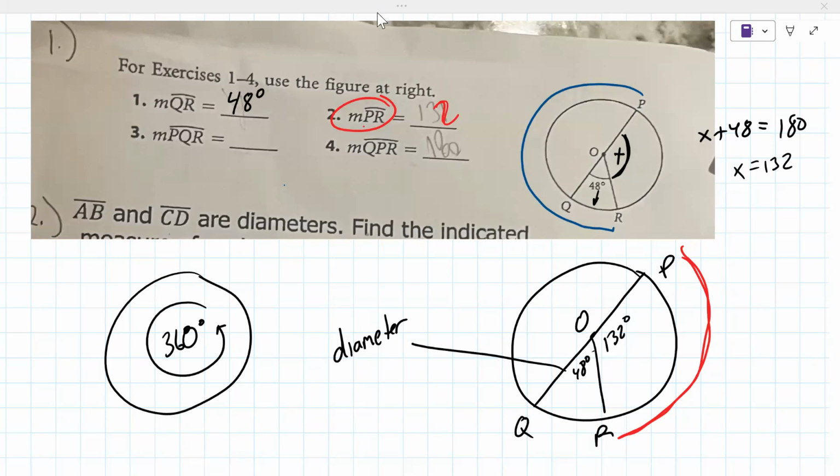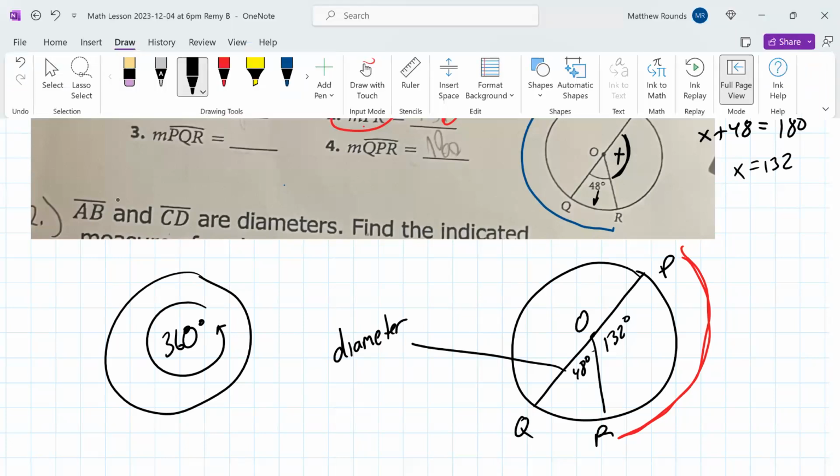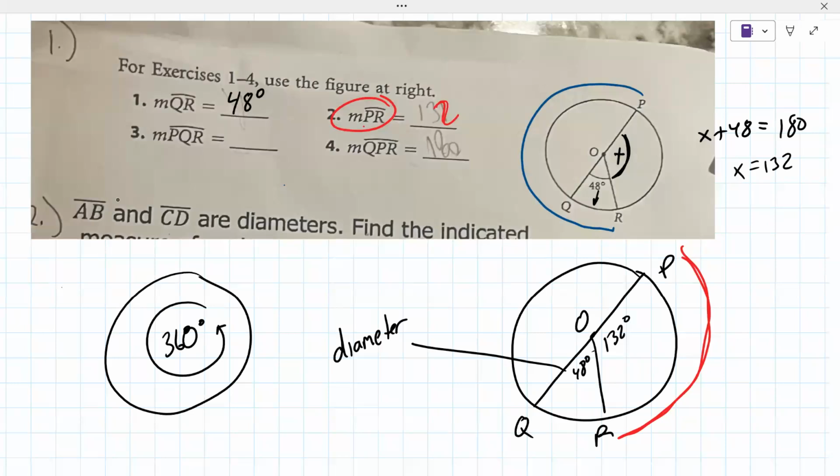I'm happy to draw it again if that would help. Wait, could you just subtract 132 and 48, or add them together? Well, if you add those together, you've got to think of the pieces. That's why I'm trying to show you this in blue.